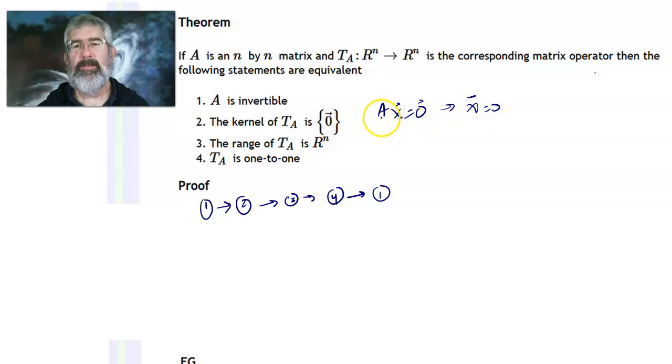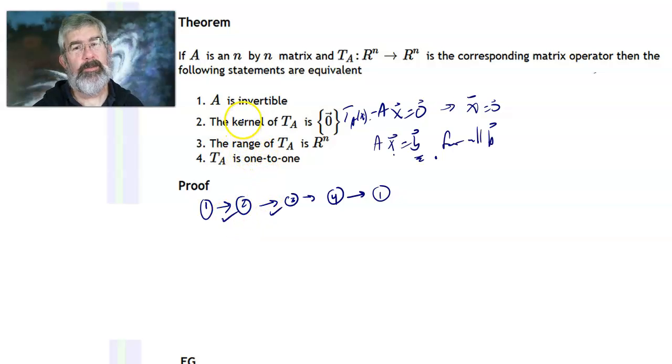Well, this right here is TA of X. So to say that TA of X equals 0 implies that X equals the 0 vector, that's saying the kernel is just the 0 vector. If the only thing that gets you there is 0, then the kernel is the 0 vector. So 1 implies 2.